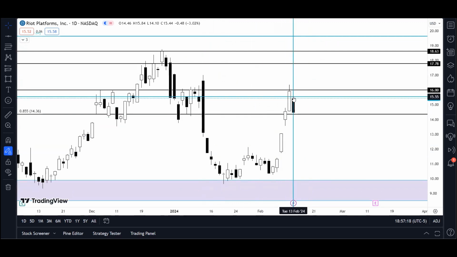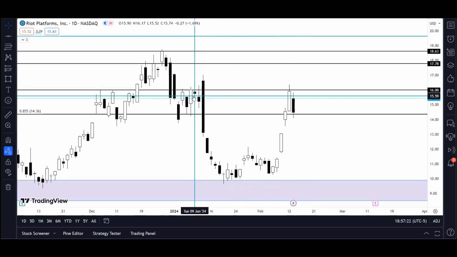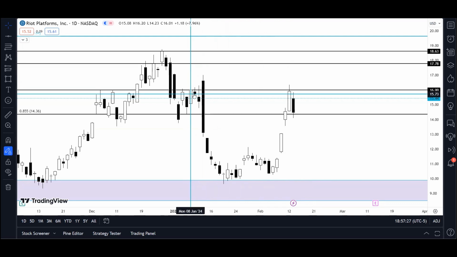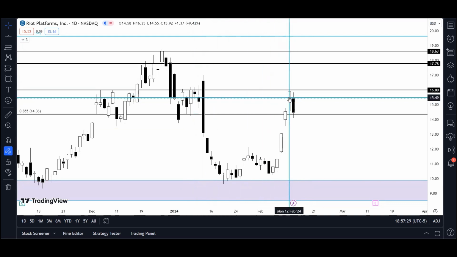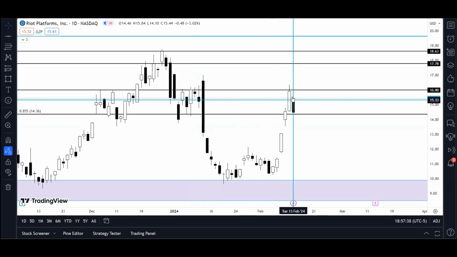Now, of this little sequence here, going all the way back to pretty much January, the highest close that we saw was 16.01. So we call it 16 here. And again, it's interesting that the day before it closed 15.92. So very, very close to that previous daily high of the sequence, and looking to break that.